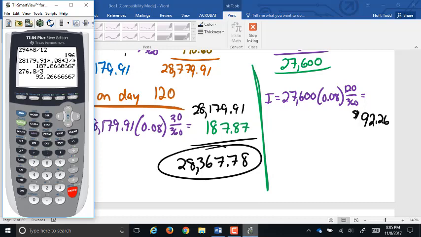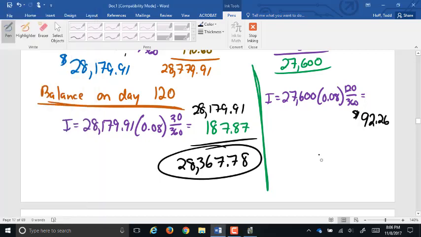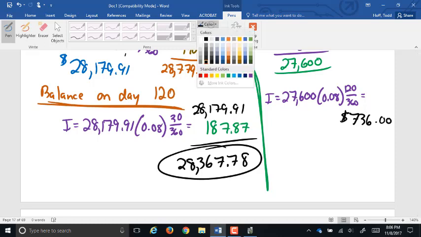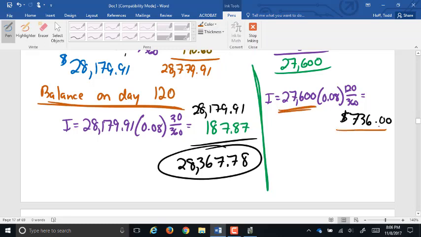No, that cannot be right. 27,600 times 0.08. 736. That's better. $736. So we add that on to the 27,600. That is $28,336.